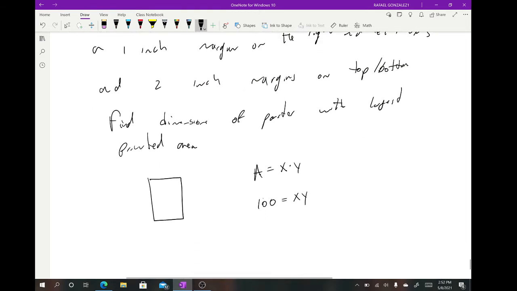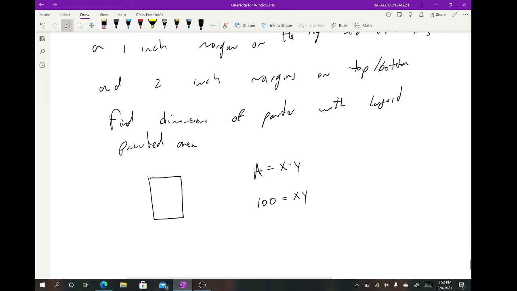We know that we have a 1-inch margin on the left and the right. Right? And we have a 2-inch margin on the top and bottom.